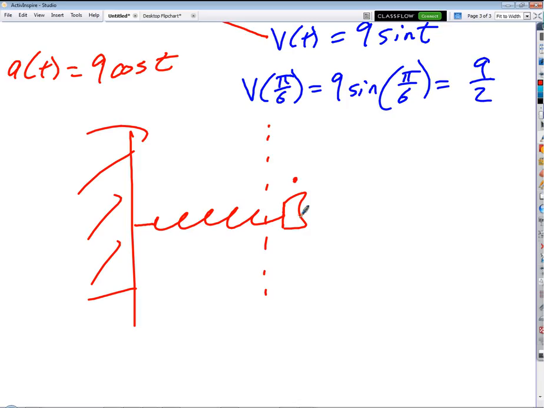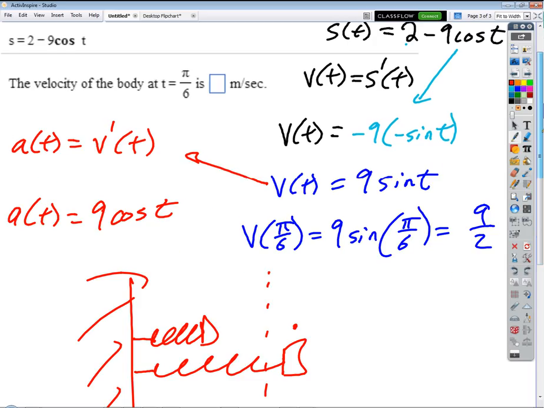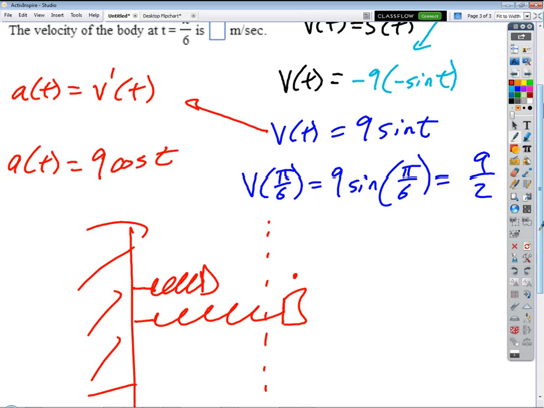Isn't the spring pulling it that way? Now when it gets compressed over here, the position is negative, but now the acceleration is positive. Isn't that kind of cool that you can see that mathematically? Look at the sign right there compared to right there. Make sense?